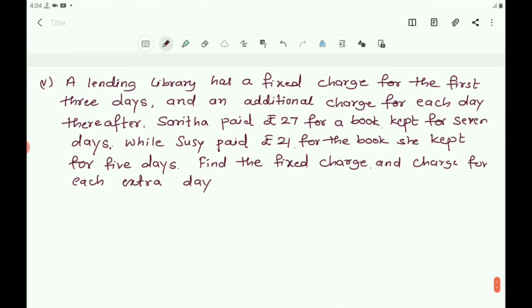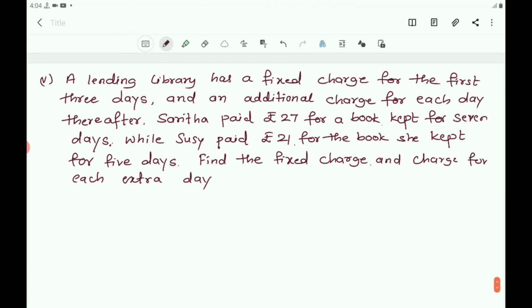Next, let us come to the fifth question. A lending library has a fixed charge for the first 3 days and an additional charge for each day thereafter. Sarita paid rupees 27 for a book kept for 7 days, while Susie paid rupees 21 for the book she kept for 5 days.